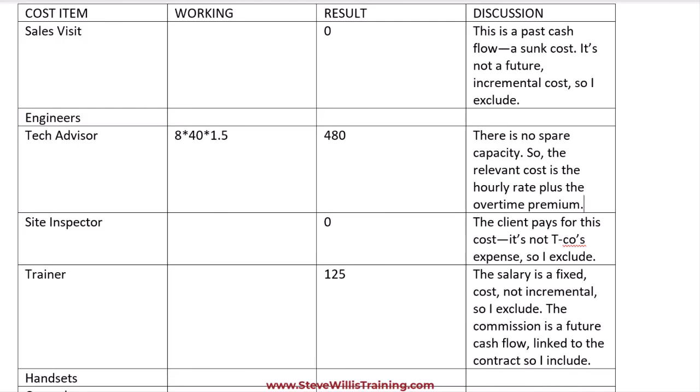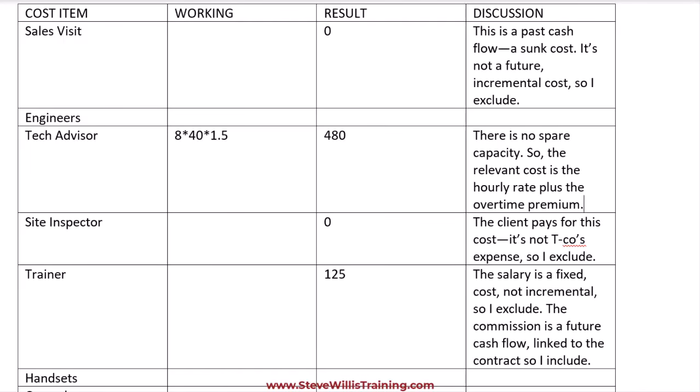There is no spare capacity, so the relevant cost is the hourly rate plus the overtime premium. Okay, friends, we are doing great here. We're going in the order of easy marks first. We have now done 4 easy things.